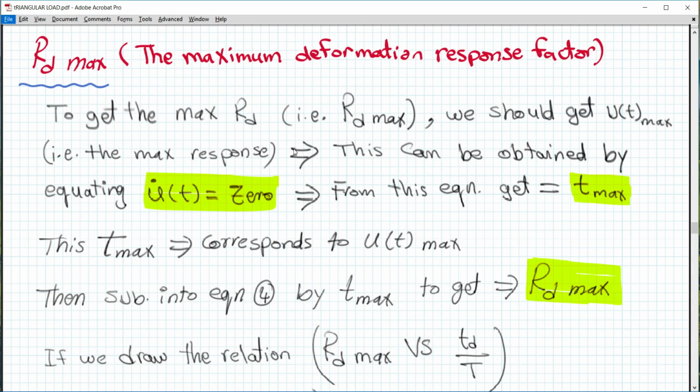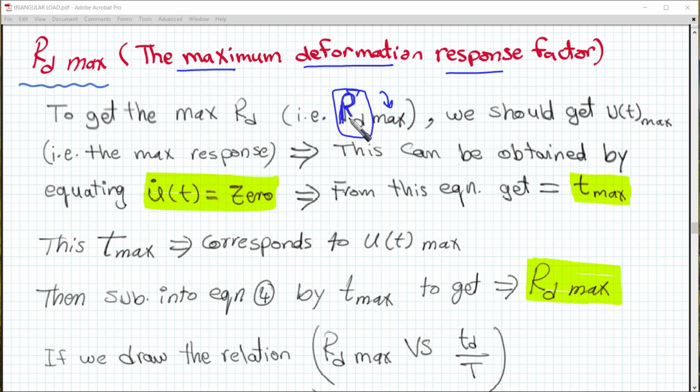Okay, for us the maximum deformation response factor, we give it the symbol RD maximum. R means that this is the deformation response factor.